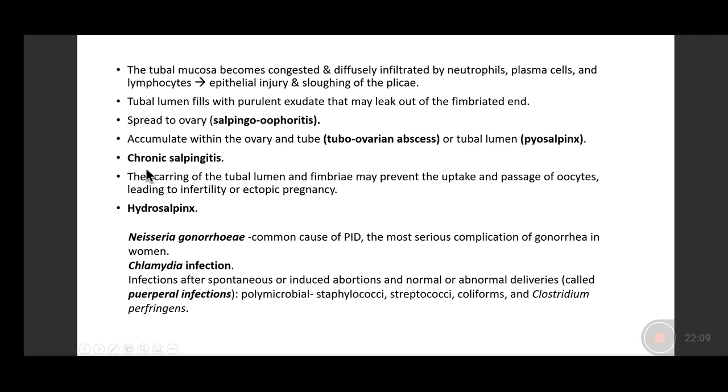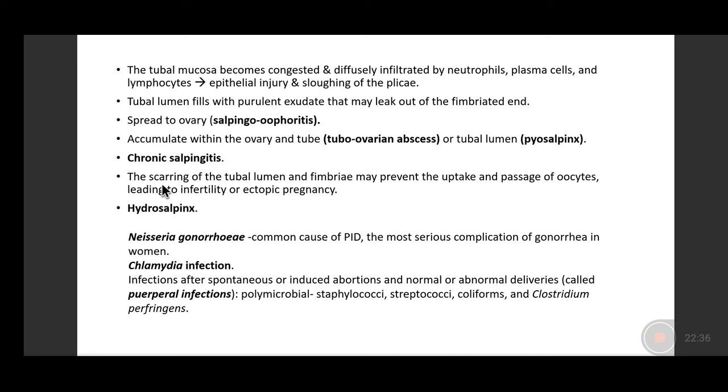Acute salpingitis can also convert to chronic salpingitis over time if it is untreated. And once chronic salpingitis sets in, there is scarring of the tubal lumens and the fimbriae, which impairs the uptake and passage of oocytes, and that can lead to infertility or ectopic pregnancy in these patients.